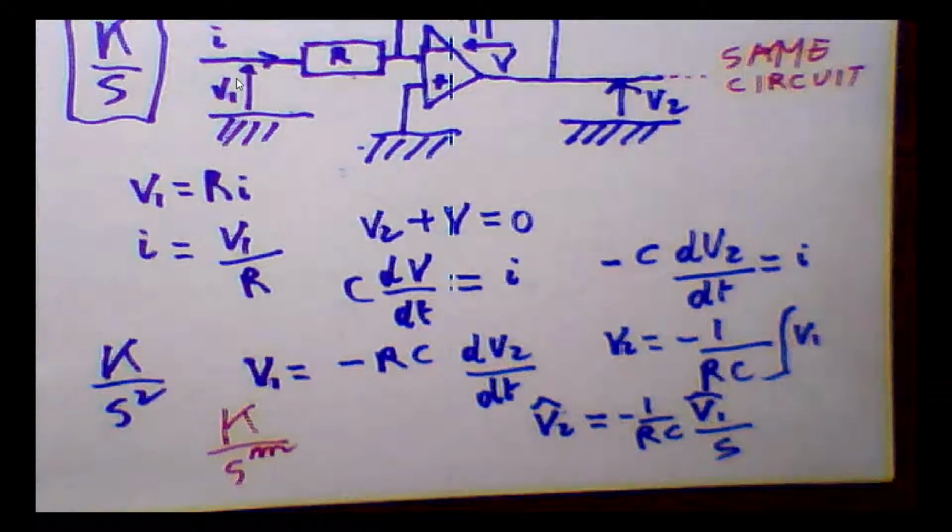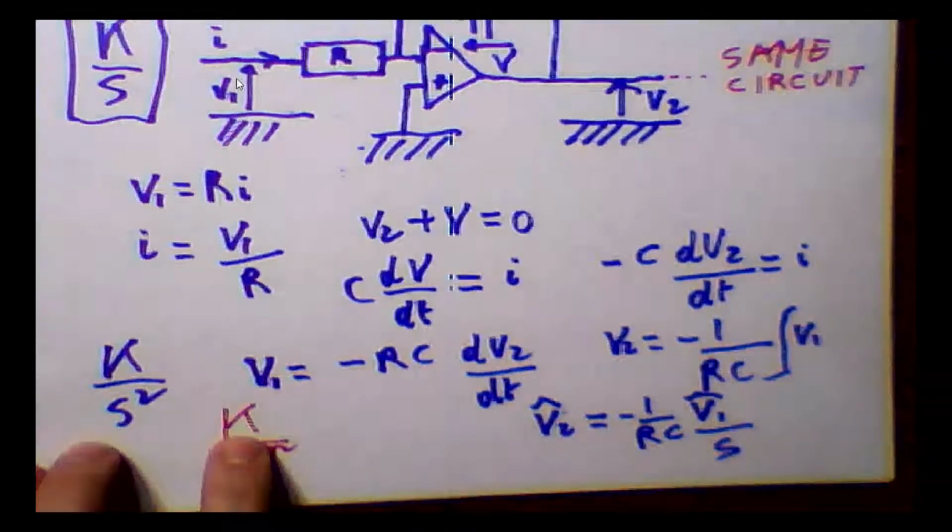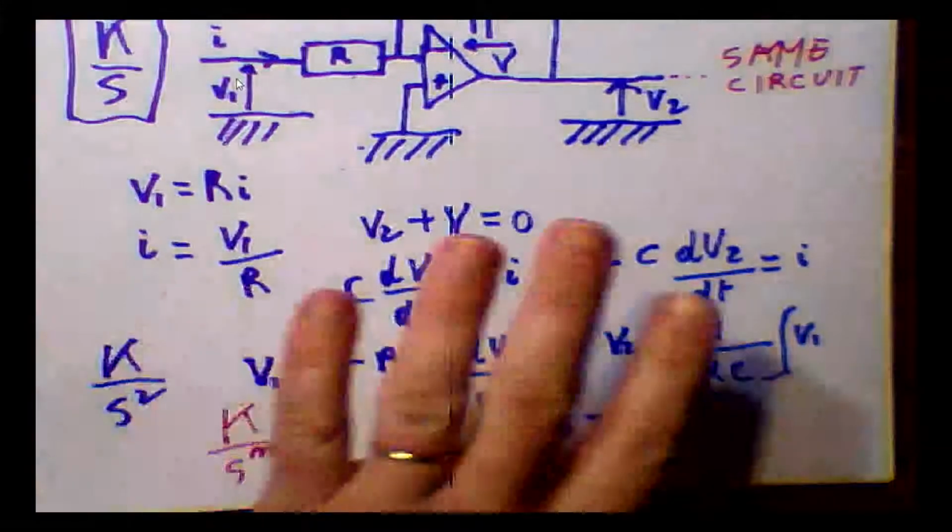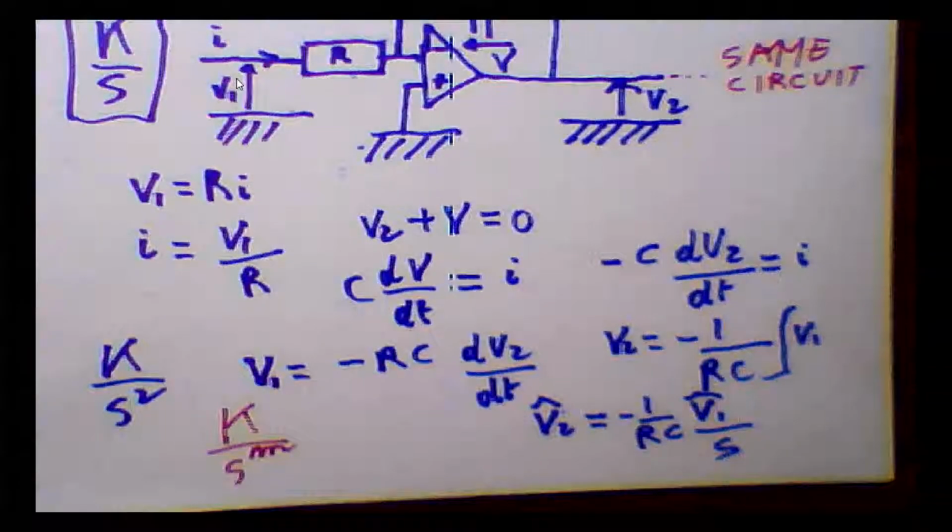So this is, again, modular, and we can flip the sign of K by using the flipping circuit that we talked about a few minutes ago.